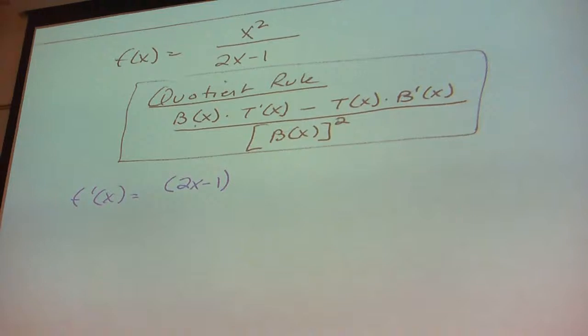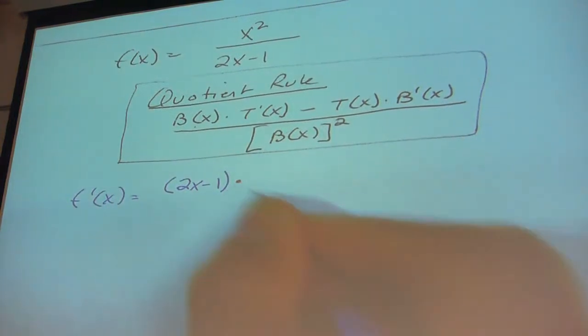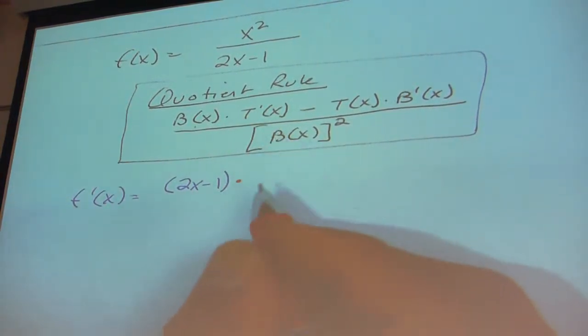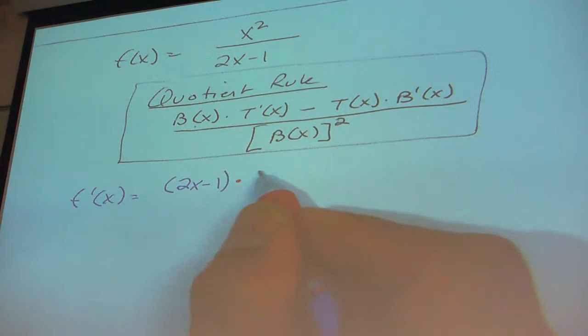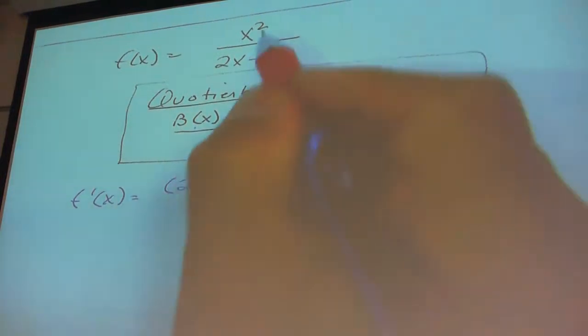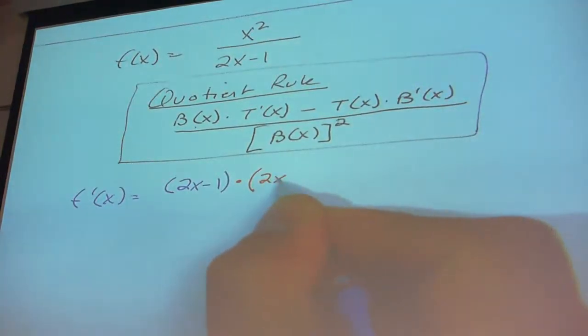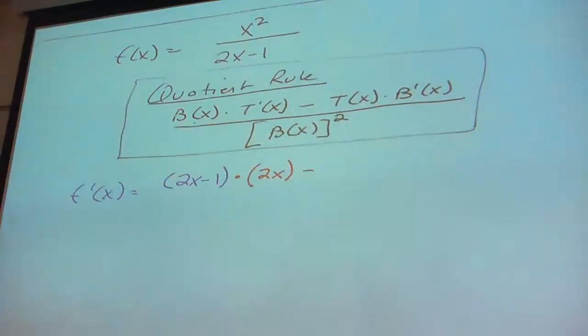Any questions there? The original bottom, 2x minus 1, times, what is t prime of x? The derivative of the top, the derivative of x squared is 2x minus. Stop there, make sure everything makes sense.